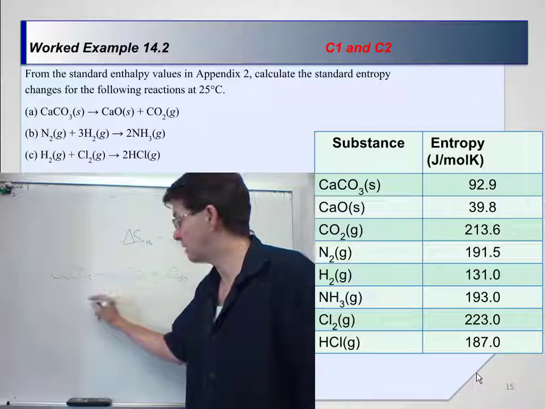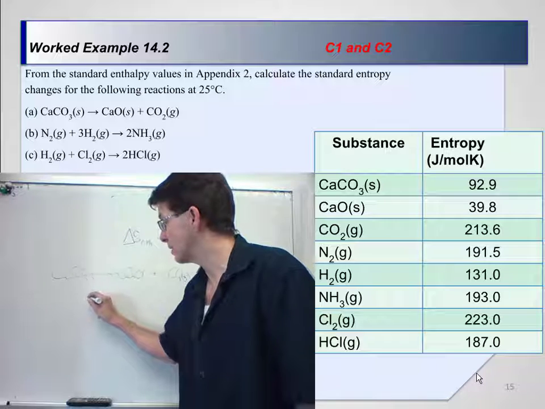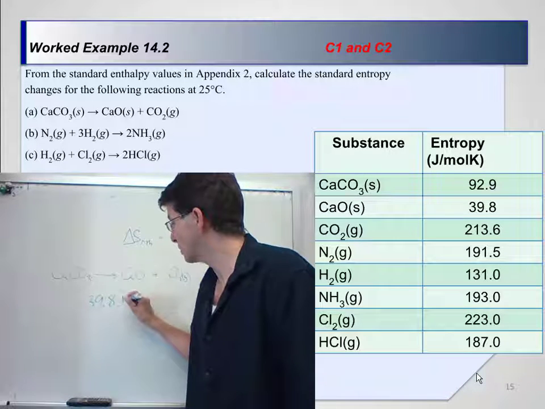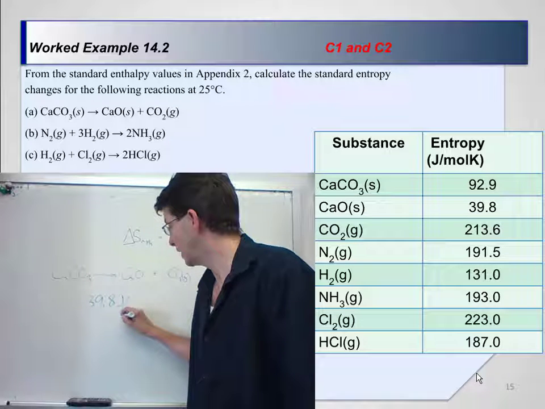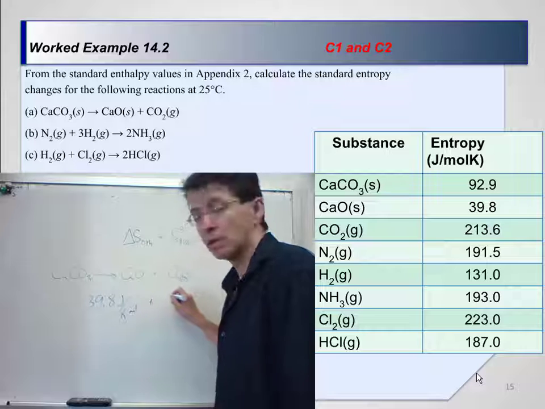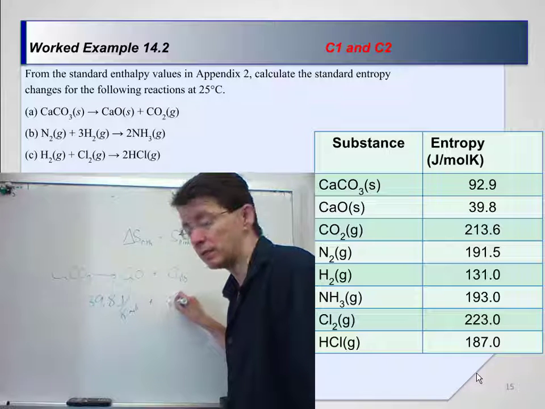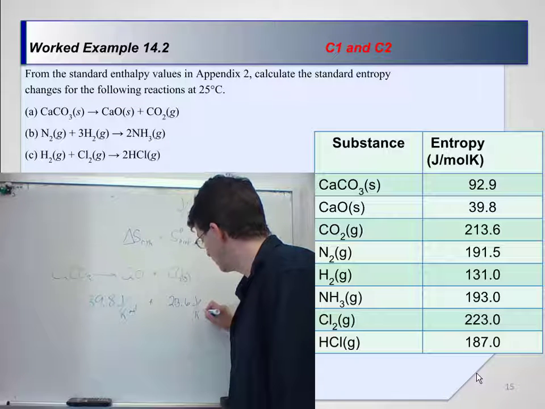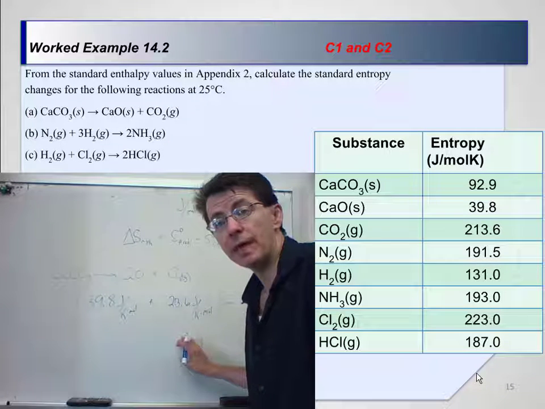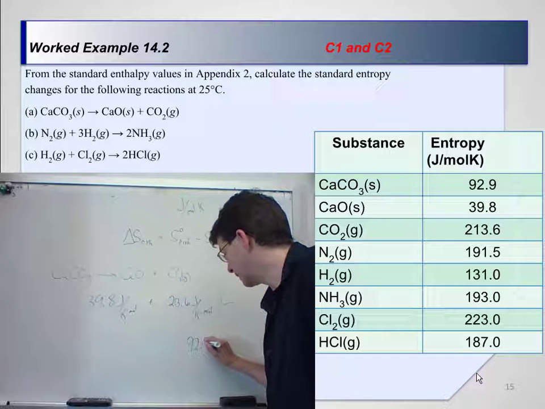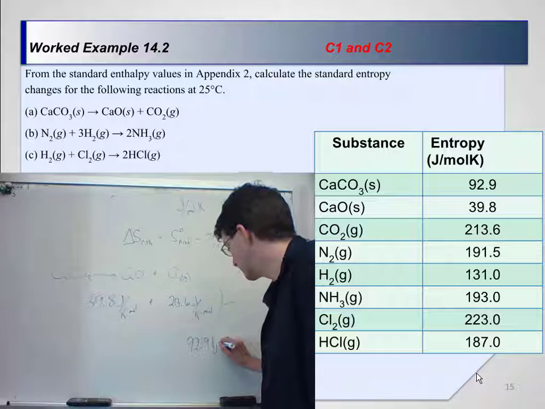The entropy associated with it is 39.8 joules per Kelvin mole, and there's 1 mole of calcium oxide, plus the carbon dioxide, 213.6 joules per K mole. All of that minus the calcium carbonate, 92.9 kilojoules per mole Kelvin.